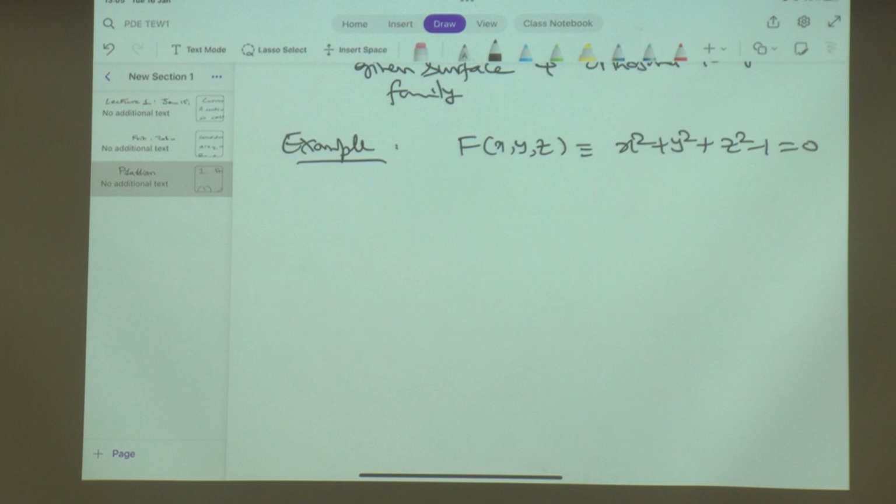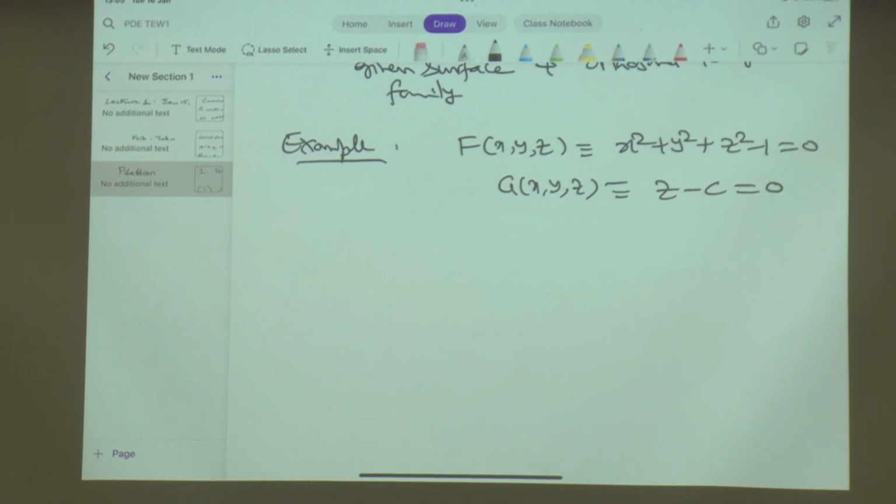In maths courses, when we say sphere, it is the sphere, not the inside one. That we would call a ball, or solid sphere. And then the family of curves is this: g of x, y, z equal to z minus c equal to 0.